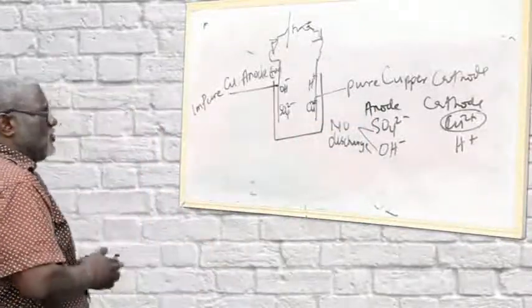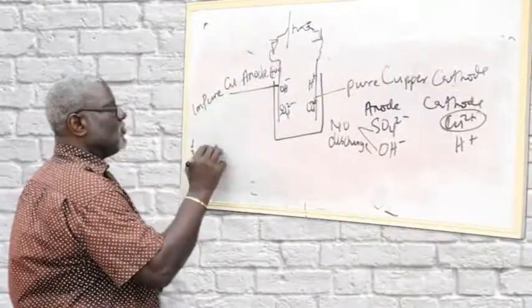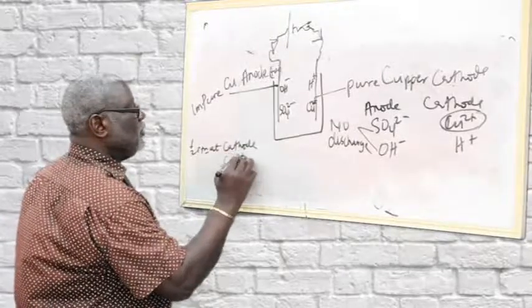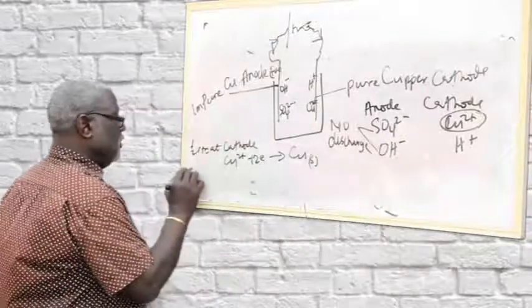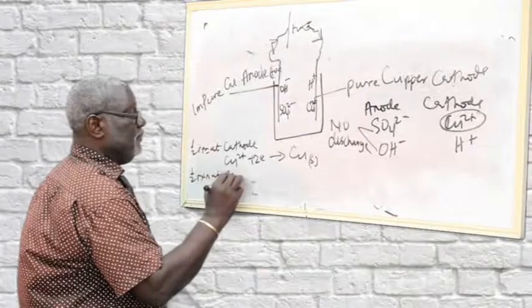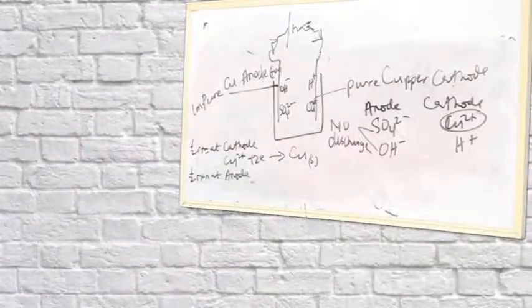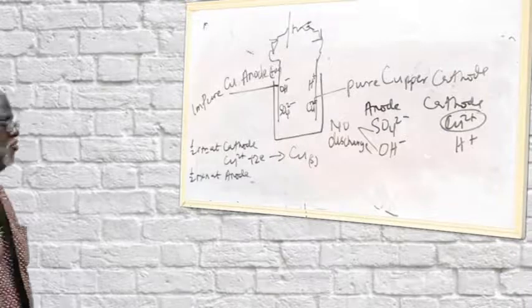So let's see the half reaction now. Half reaction at cathode: Cu2+ plus 2e- equals Cu. Half reaction at anode: I said at the anode, OH- is not discharged. Instead, the anode dissolves in solution as copper 2+ ion.